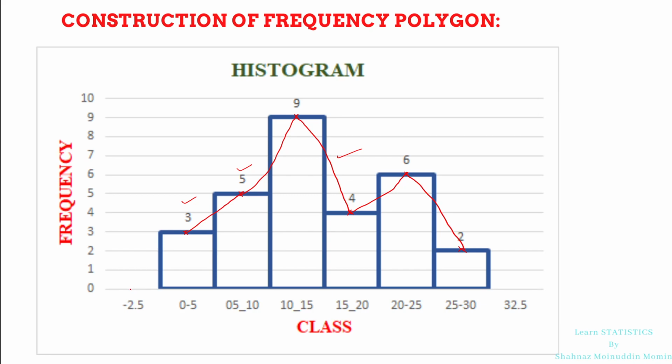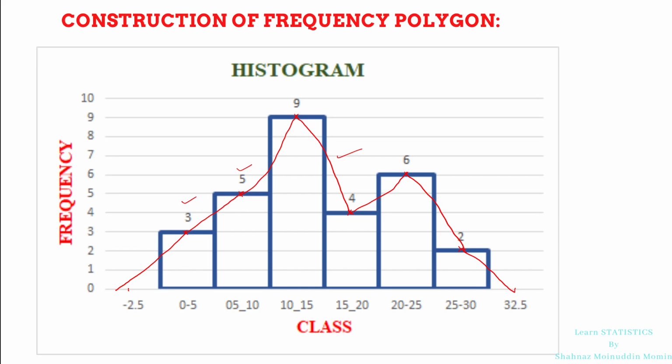This is minus 2.5 and this one is 32.5. I will extend the curve up to minus 2.5 with the help of a straight line like this. Similarly, like this. This is our resulting frequency polygon with the help of method number 1.